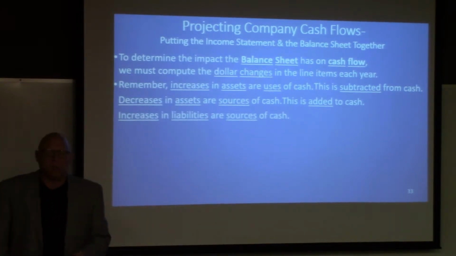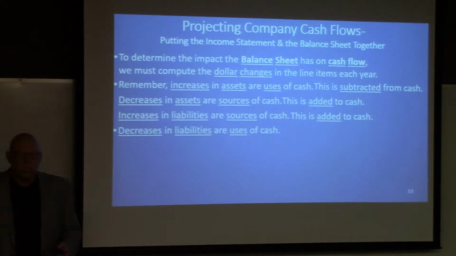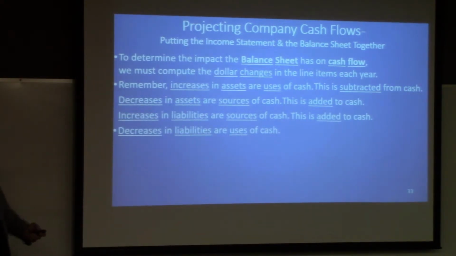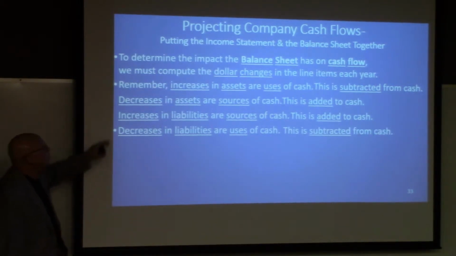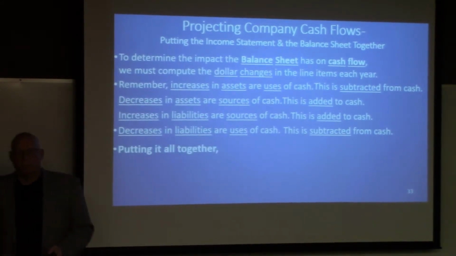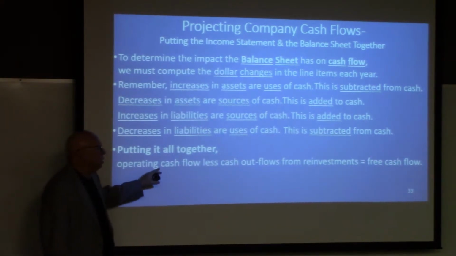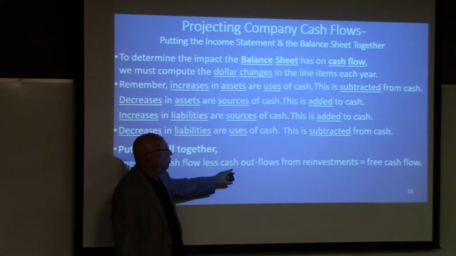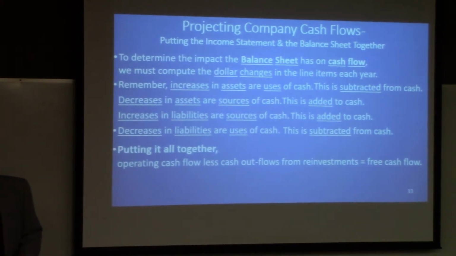Increases in liabilities are sources of cash, and we are going to ignore accounts payable, to be honest with you, just to simplify things. And this is added to cash. Decreases in liabilities are uses of cash. This is subtracted from cash. What we're going to pay attention to are increases and decreases in assets. Putting it all together, operating cash flow, which we just projected, less cash outflows from reinvestments equals free cash flow, and that's what we're looking for.